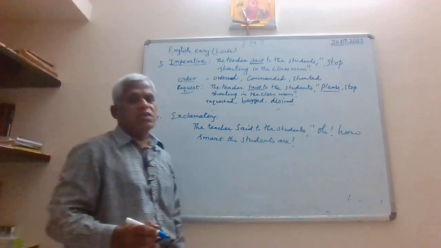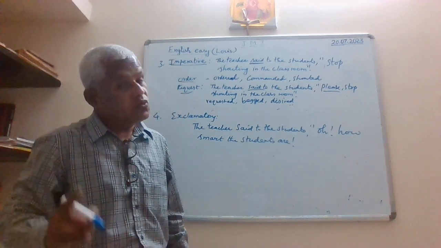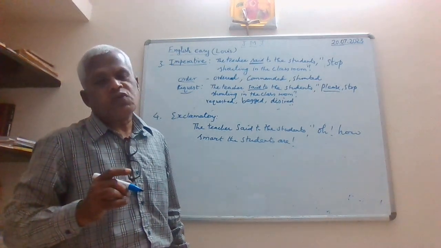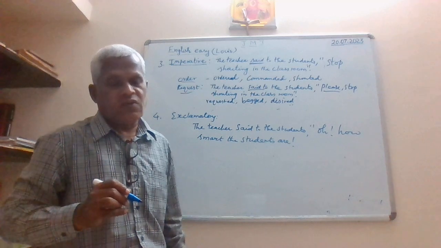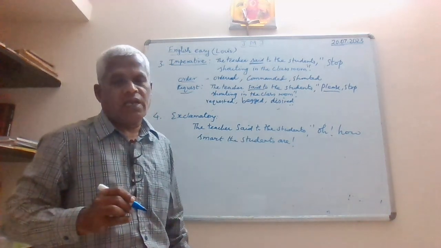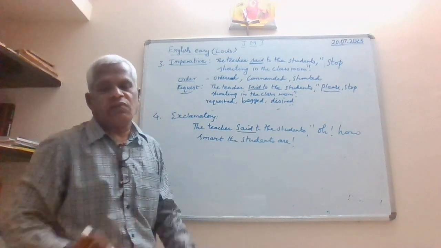So I have changed the sentence. How smart the students are. I told you exclamatory sentence would mostly end in verb. So depending upon the tense, we have to change the direct to indirect. Now what is the verb here? Said here. This is the reporting verb.